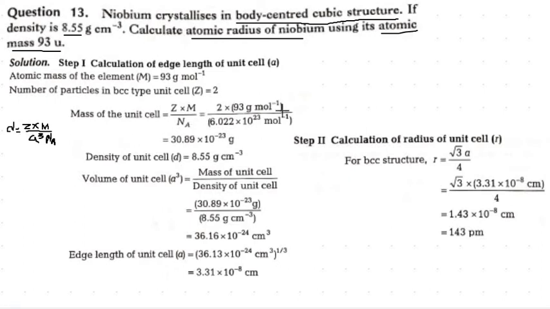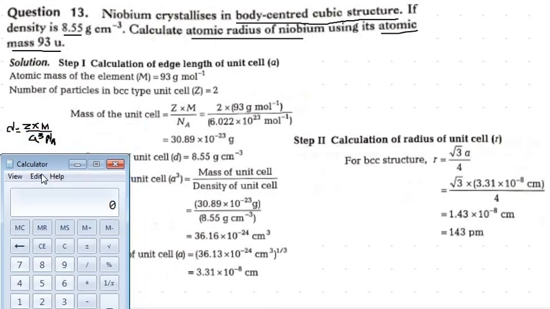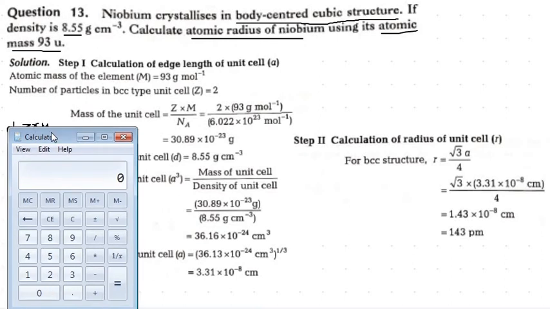Some different method is given. By using this formula you can also calculate this. So we are going to calculate this. Here you can see on your screen, first they have calculated Z into M into Na, and later this value is divided by density.